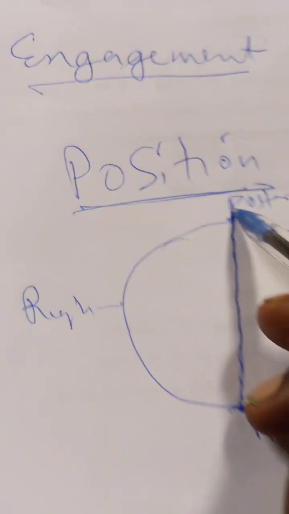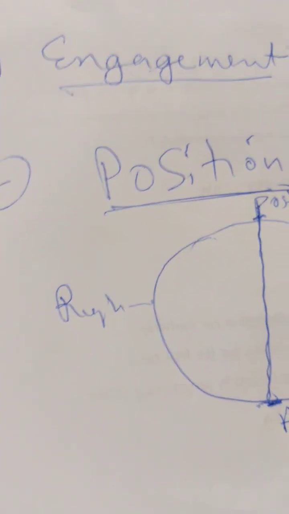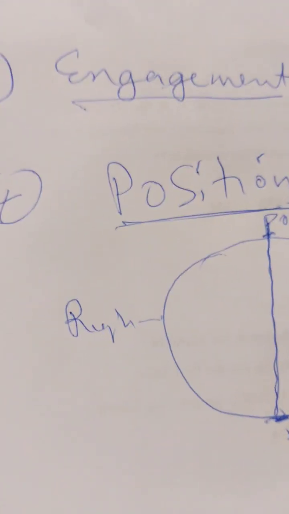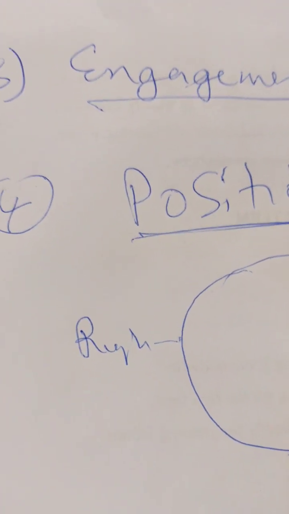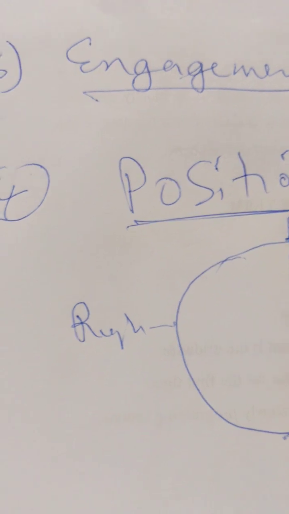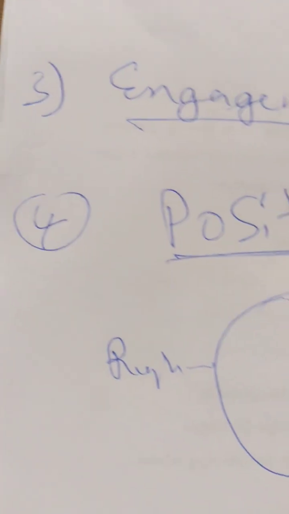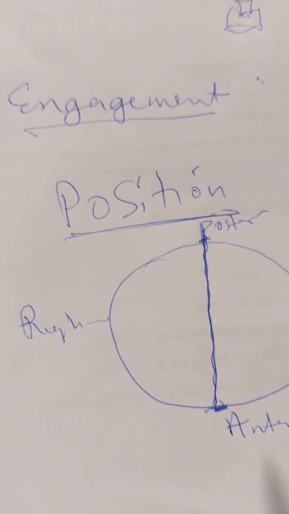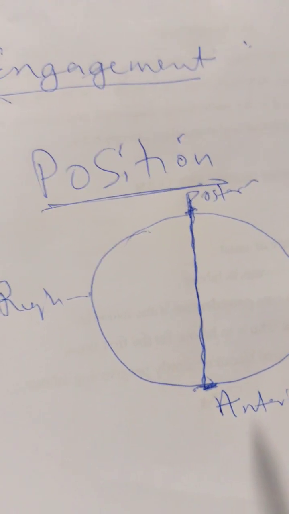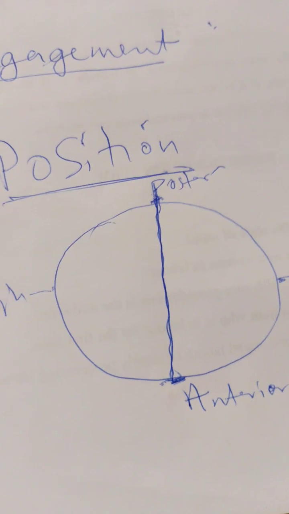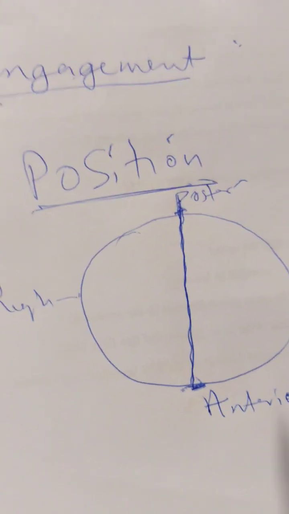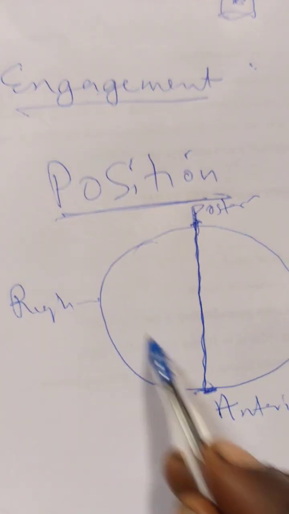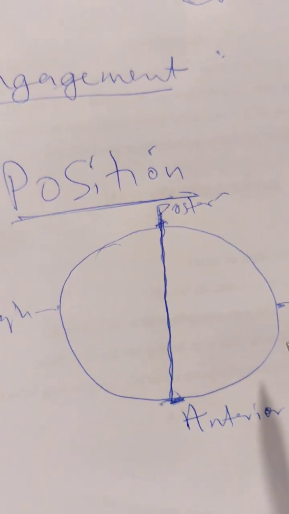Okay, if we have divided the pelvis, right down there, just picture the pelvic cavity down there. We say there are 6 areas. How do we define position? We say it is the relationship of the denominator or the leading part of the presenting part to the 6 areas of the pelvic cavity.